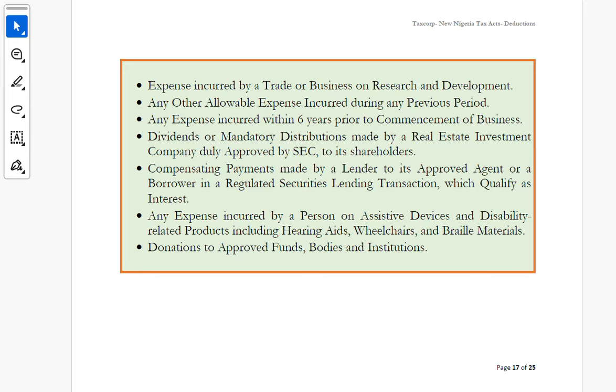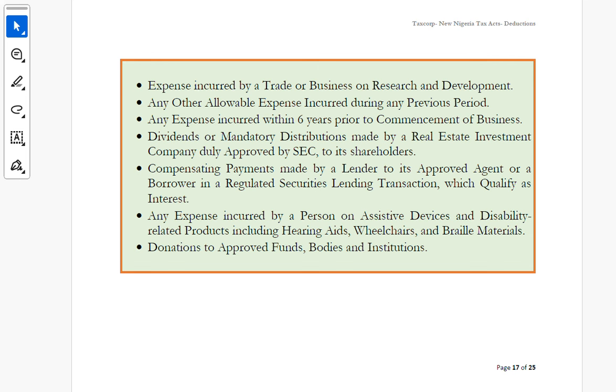Expense incurred by a trade or business on research and development. Any other allowable expense incurred during any previous period. Pre-commencement expenses, any expense incurred within 6 years prior to commencement of business.